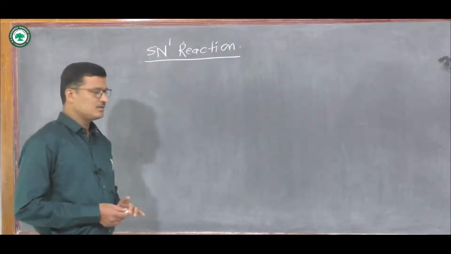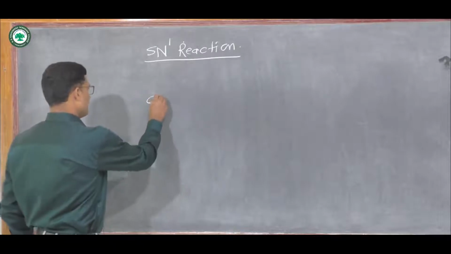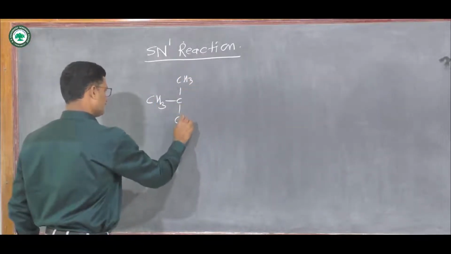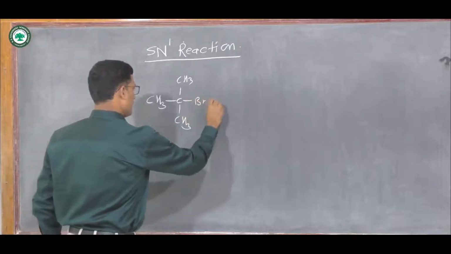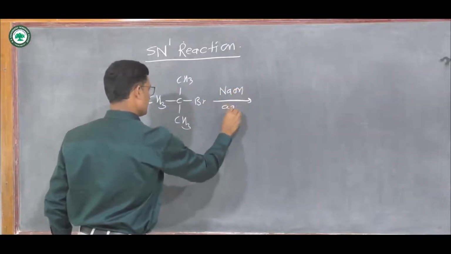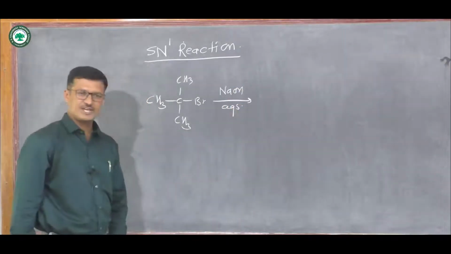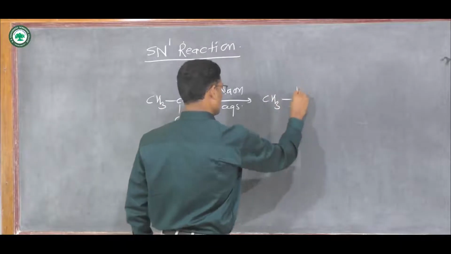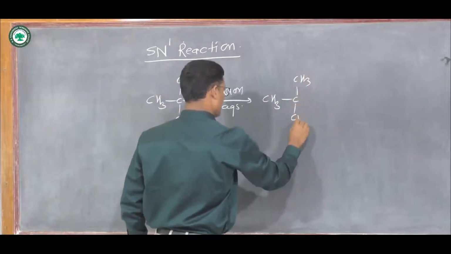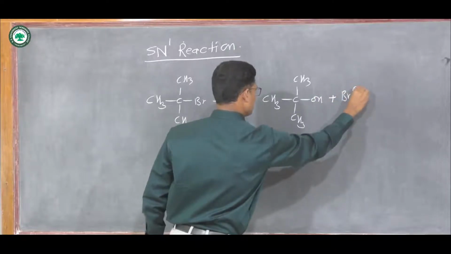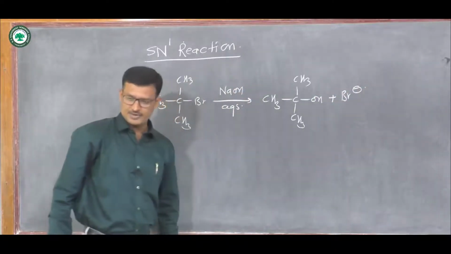When we take a simple example, tertiary butyl bromide is hydrolyzed in aqueous NaOH, and there is formation of tertiary butanol, and Br minus is the leaving group.